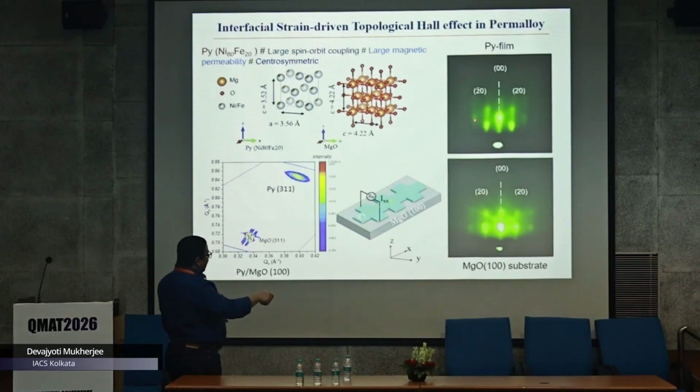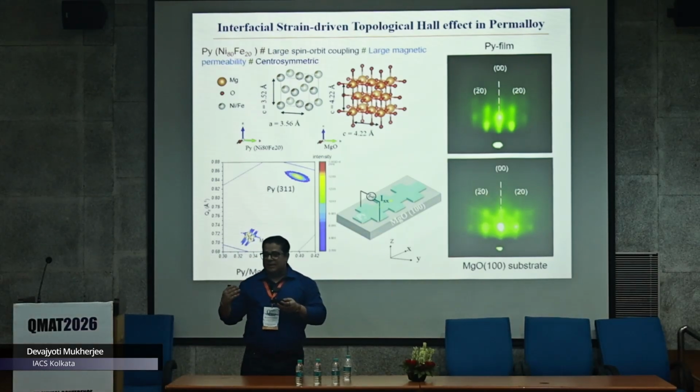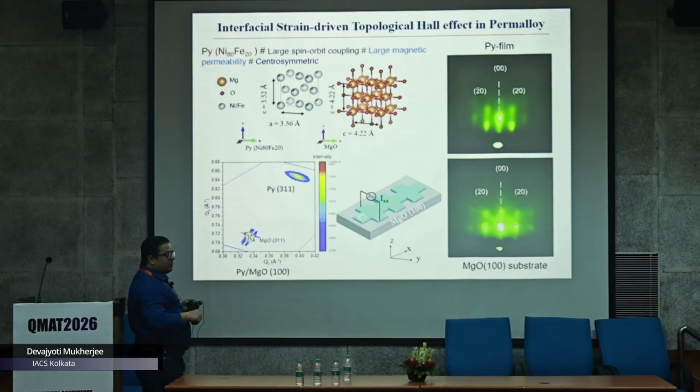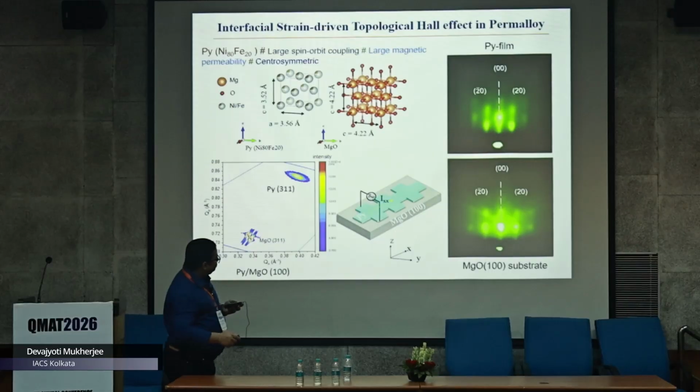And you can see that these lines are following for the film and the substrate, which gives us an indication that it is a single crystal growth. And this is another map, an X-ray diffraction reciprocal space map, which shows you a single peak for the film as well as single peaks for the substrate, and the close proximity of the peaks indicates that the films are single crystalline in nature.